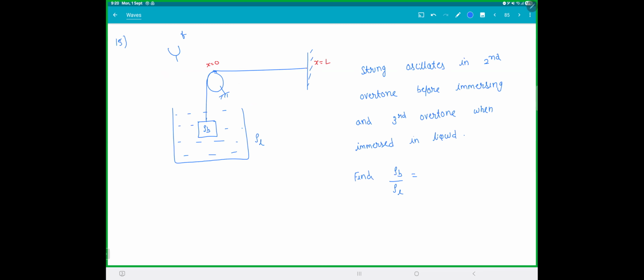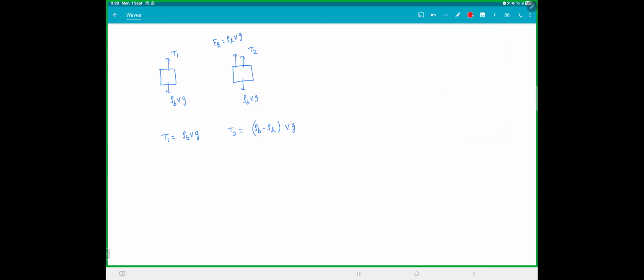Now, be careful. The words are second overtone and third overtone. Second overtone means third harmonic, third overtone means fourth harmonic. So here, f = n/2L root T by mu, everything is constant. F is constant, L is constant, mu is constant, so n into root T is constant. So n and T are changing. This n is your harmonic.